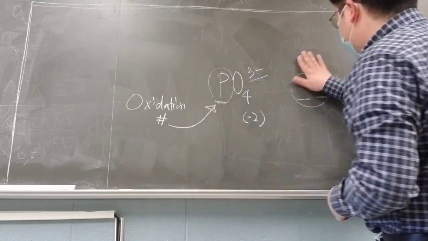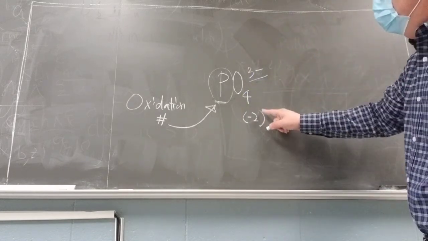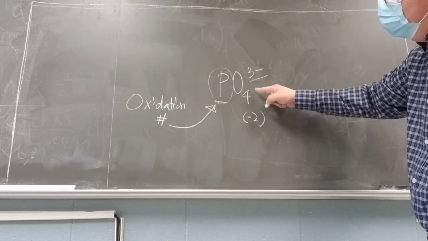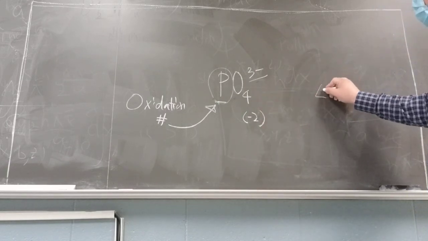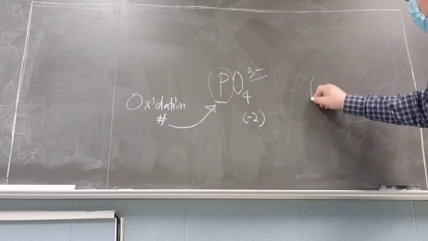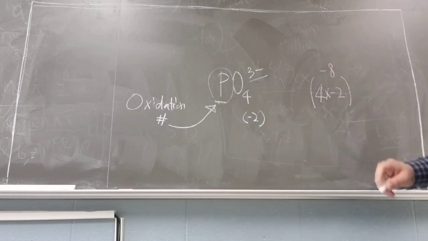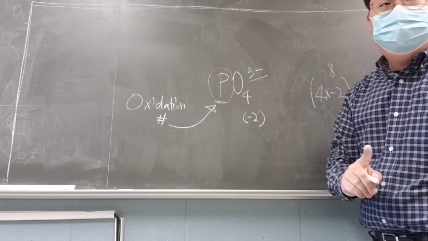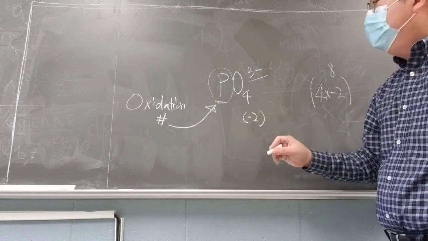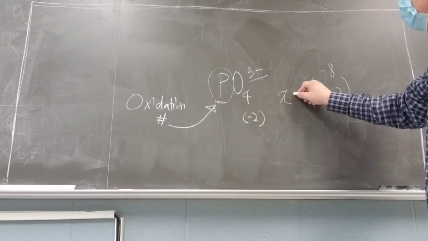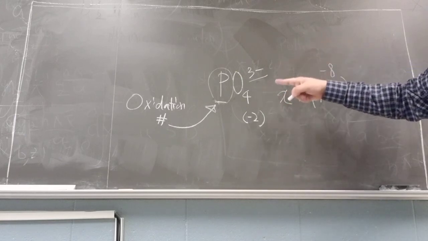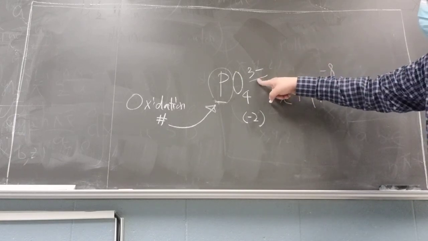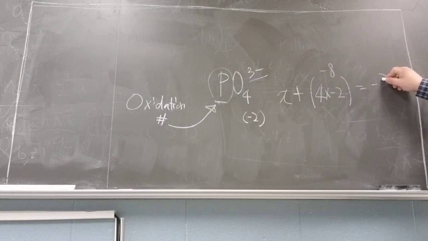I already told you each oxygen takes -2 as its oxidation number, but there are 4, so 4 times -2 makes -8 in total. We don't know the oxidation number for phosphorus yet, so I'm going to put an X there. Like I said, the sum of all the elements in the compound has to be the same as the formal charge, which is -3.